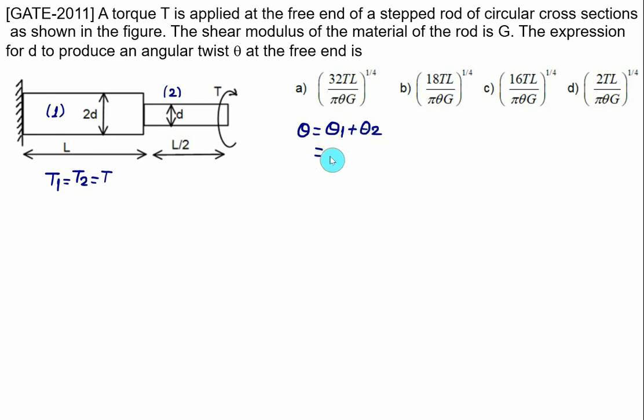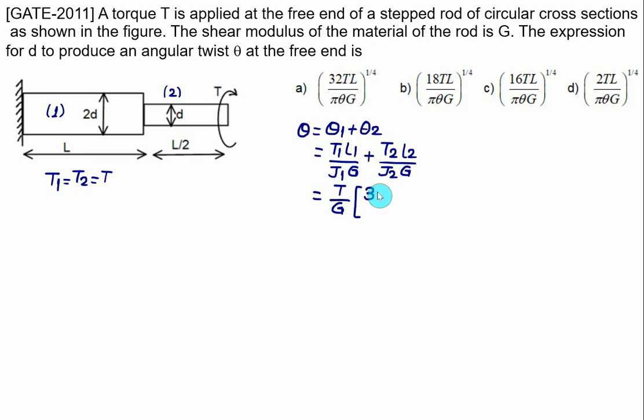That will be equal to T1 L1 by J1 G plus T2 L2 by J2 G. T1 and T2 are the same, so that can be taken common. So we have T by G common into L1. L1 is equal to L, and 32 in the denominator will shift to the numerator.